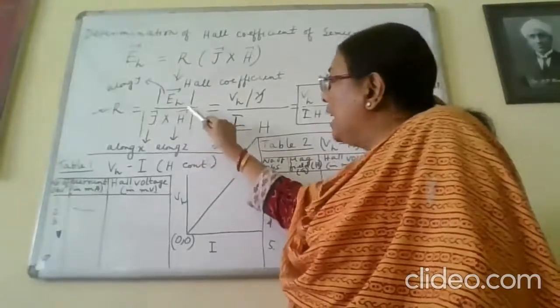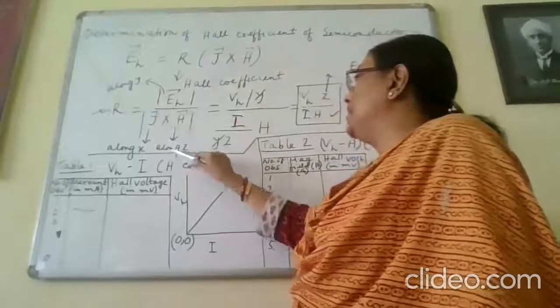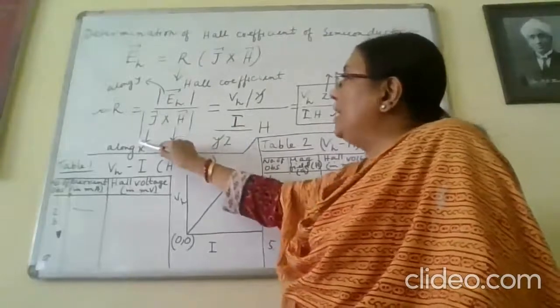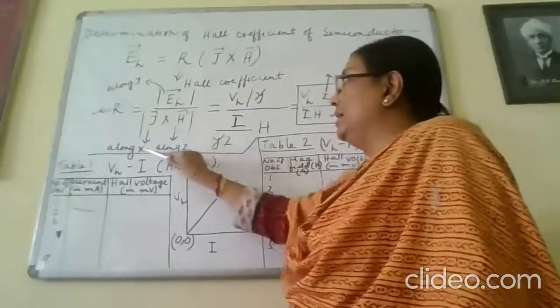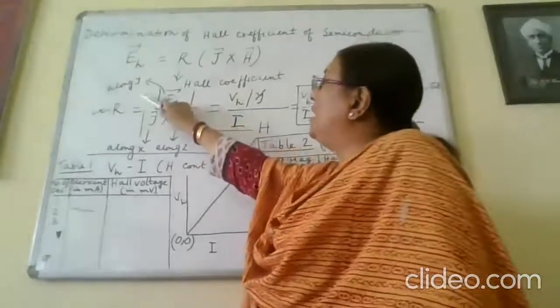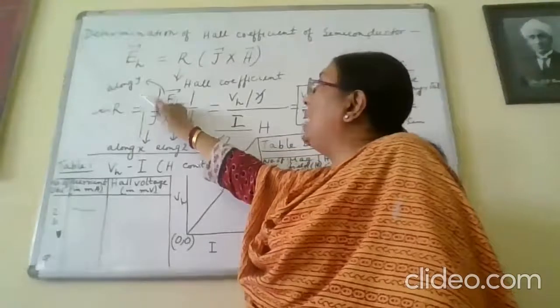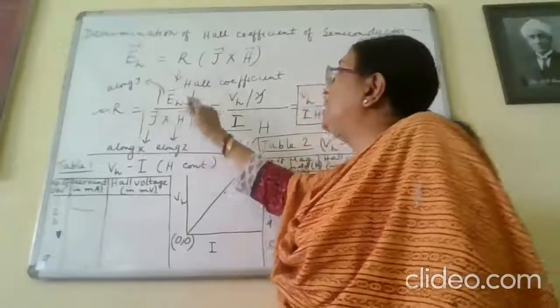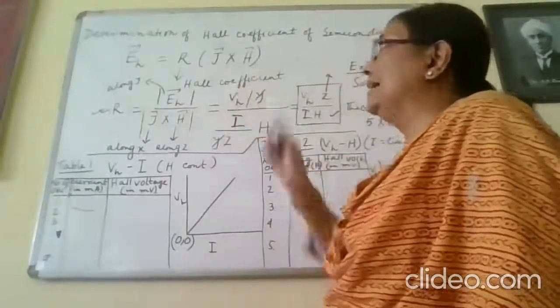Now the magnetic field we are considering along Z, so perpendicular to the direction of current. It is along X, say it is along Z. So what about the direction of EH? EH must be along Y, which is perpendicular to both X and Z.